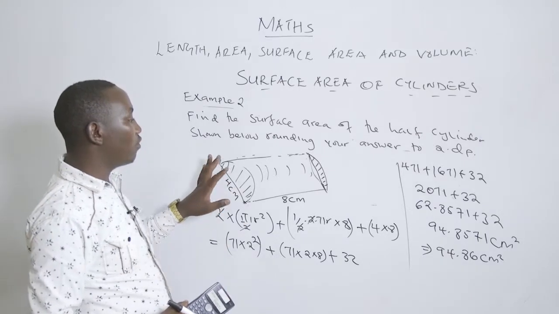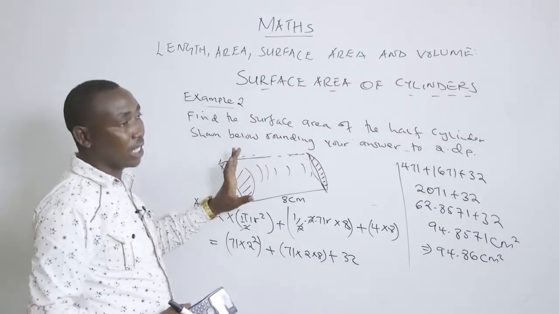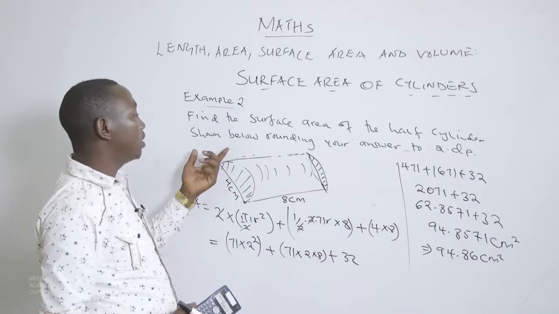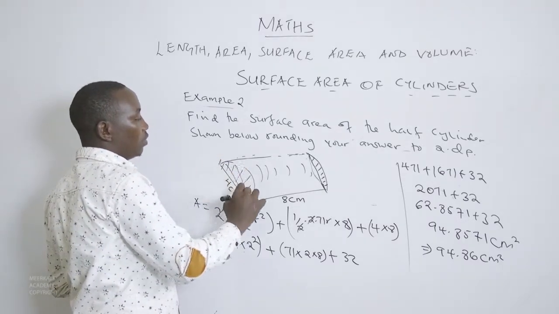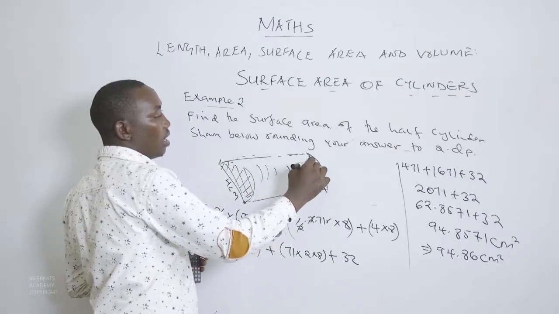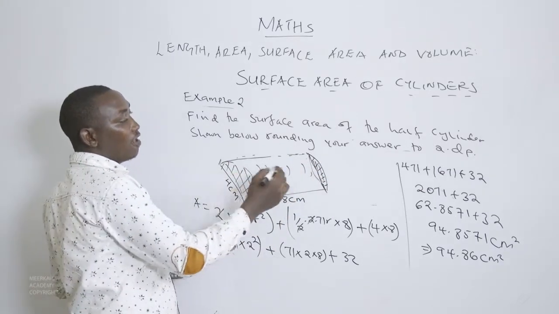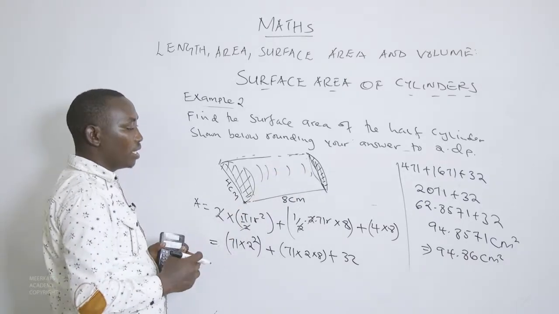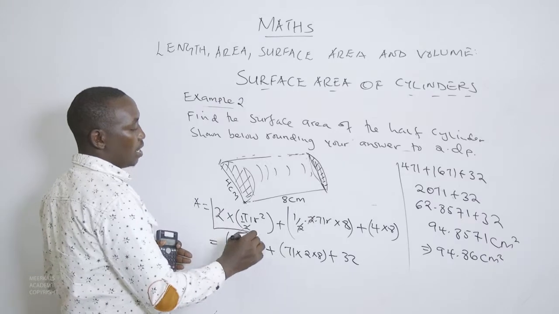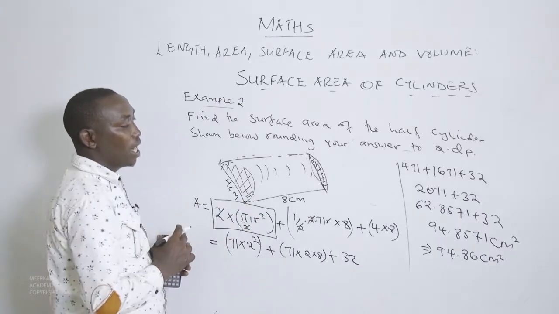So to come up with the total surface area of this half cylinder, you need to get the surface area first of the 2 half circles, which together result in a complete circle, obtained by this particular formula.